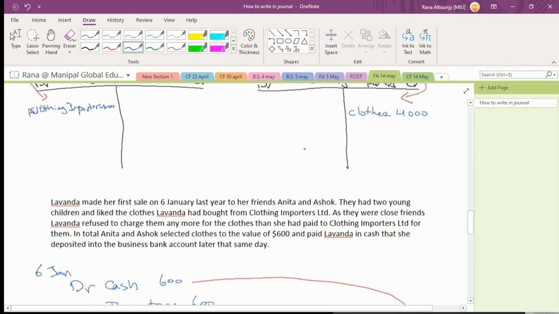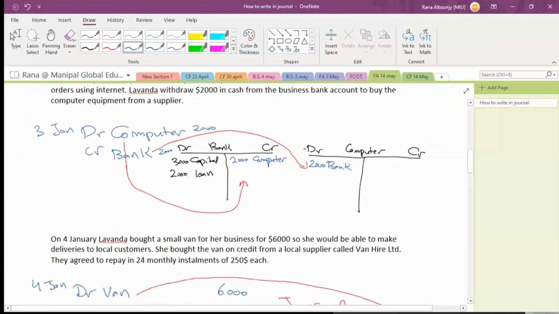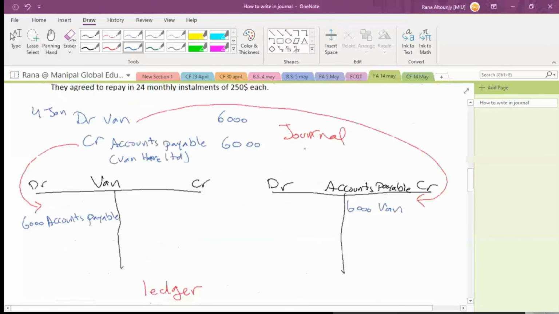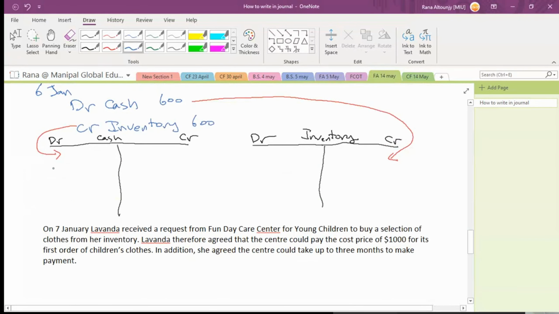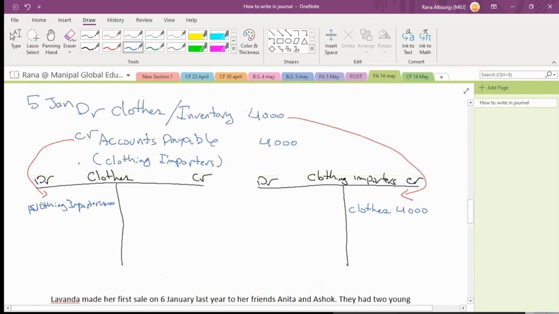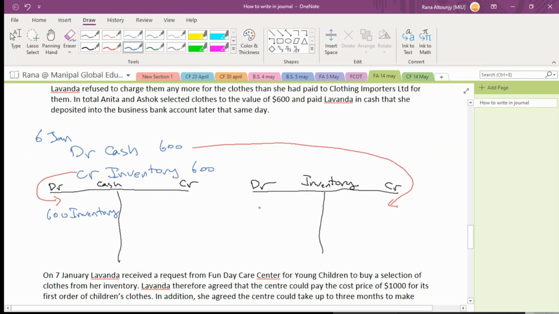I think in cash we already have something we put earlier. Let me see. No, we don't have. Okay, so we just put the cash, which is 600. In inventory, if you remember, we already have a transaction earlier in the inventory or the clothes, which is the accounts payable, the amount of 4,000.